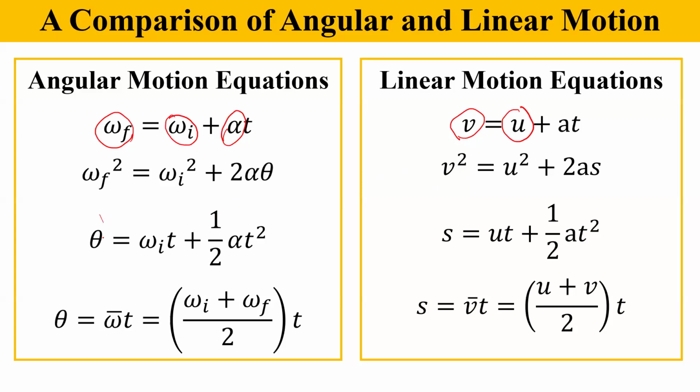This is the angular displacement. This is the linear displacement. This is the angular displacement, which is the average of the velocity: initial velocity plus final velocity, while this one is initial plus final over 2. So they are parallel to the 4 equations of motion.